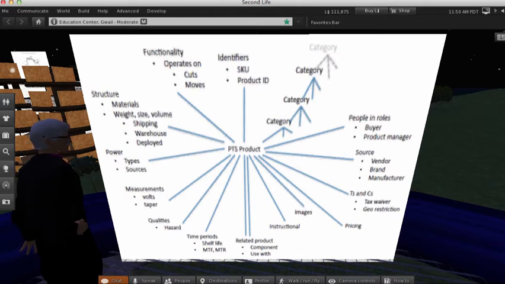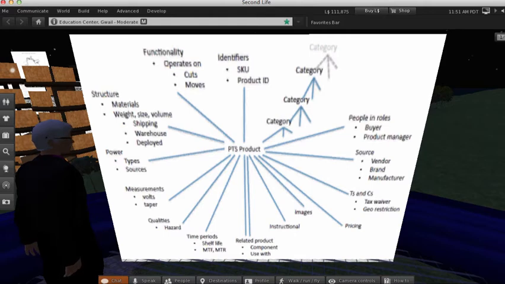The structure gets into things like materials and so on, but also importantly for the warehouse, this is where you get weight and the dimensions, height, width, and depth, that kind of physical dimension, which matters on the shipping side for sure, and matters even when you're going to install it in your shop.